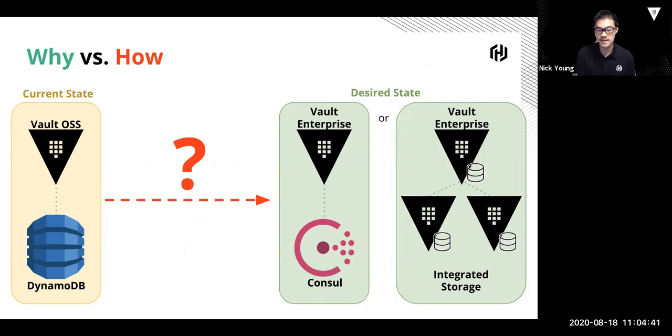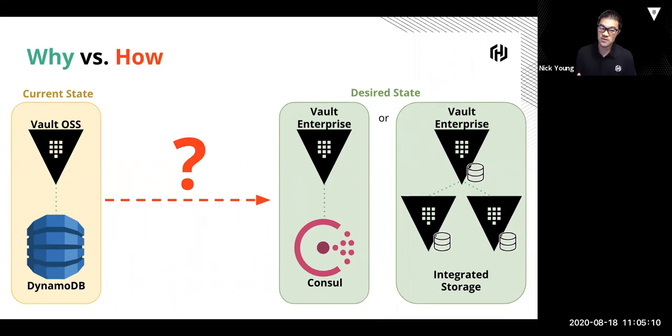It's in the path to our production environment. Maybe there's broad adoption, so you're leveraging enterprise features like namespaces so that you don't have to deploy separate Vault open source clusters and manage them separately per department or per team. Or maybe your company is mandating that we need to adhere to certain compliance or governance requirements that can't be achieved in the open source version without some heavy lift of engineering effort.